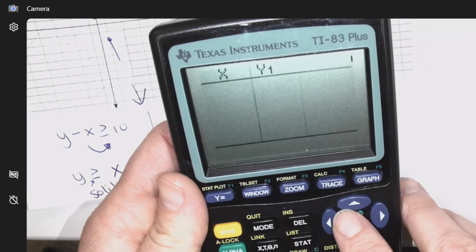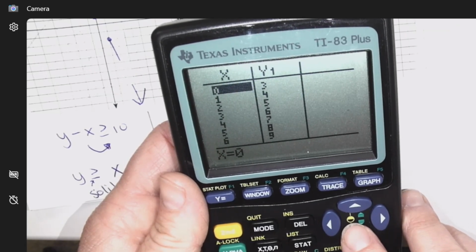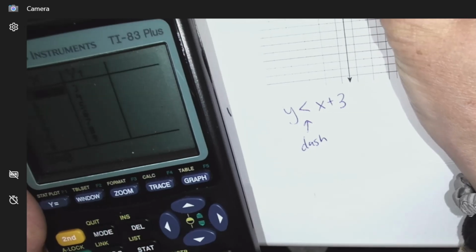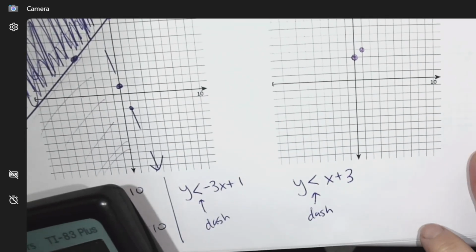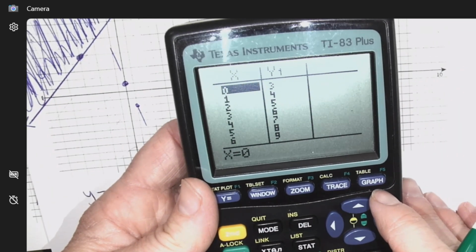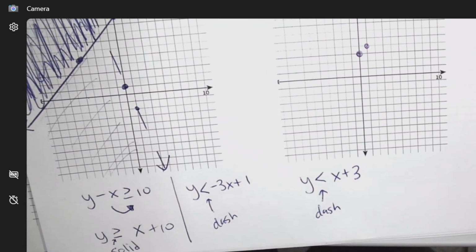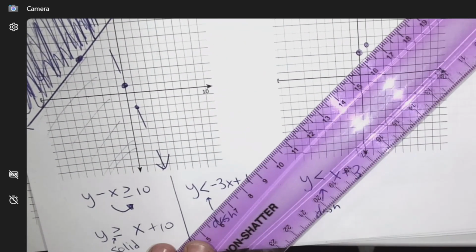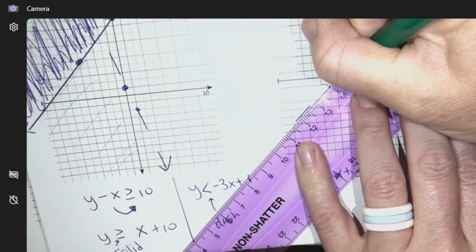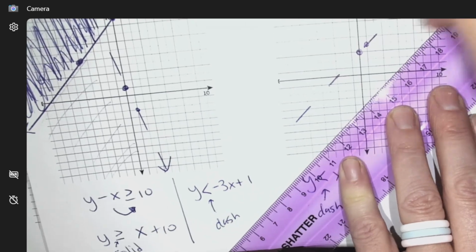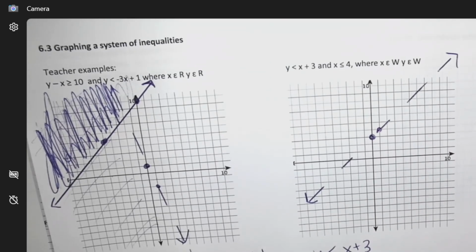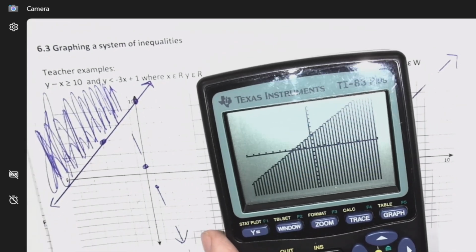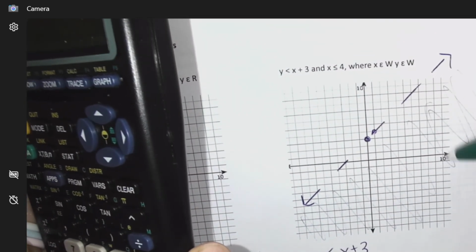I think I'm just going to go straight to the table to get some coordinates. So (0, 3) is a coordinate. (1, 4) is a coordinate. So I can get any two coordinates that I want and plot them. We told ourselves we're going to draw a dashed line. And then we were supposed to be less than the line. So less than the line is on this side of it. I'm just going to draw it really lightly because it's not my answer.